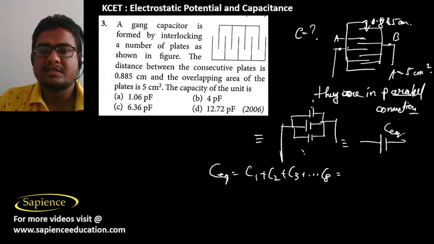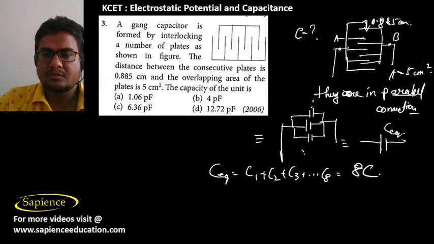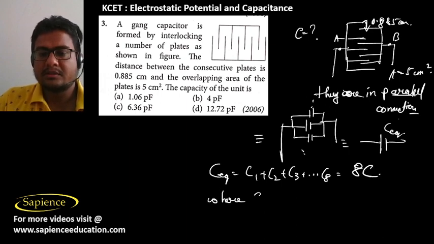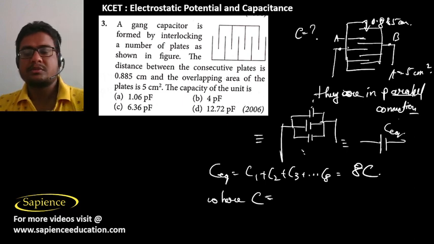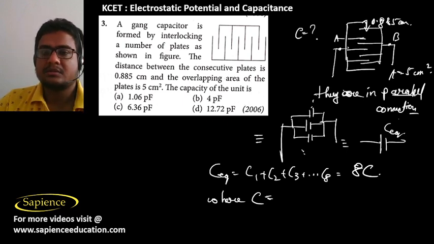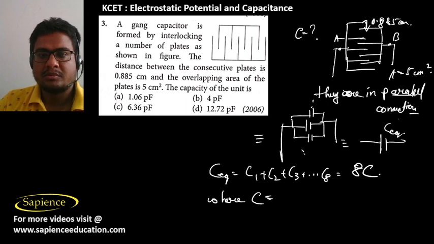All will have the same capacitance, so it will be 8 into C, where C is the capacitance of a single capacitor, which is epsilon naught A divided by D.